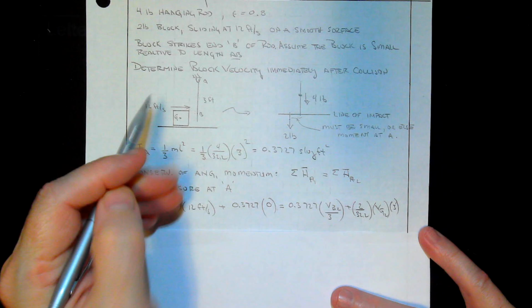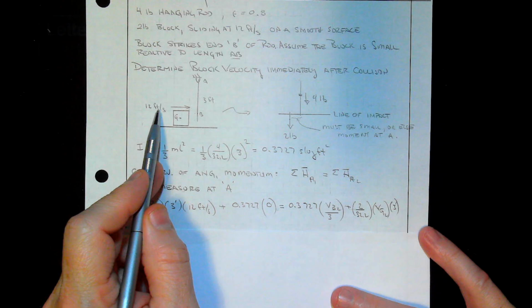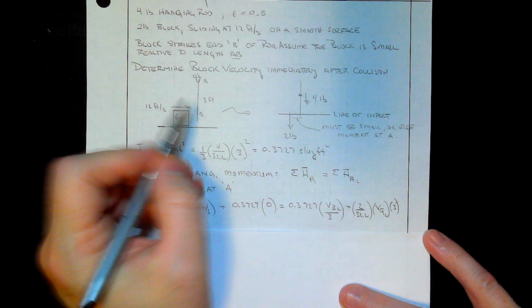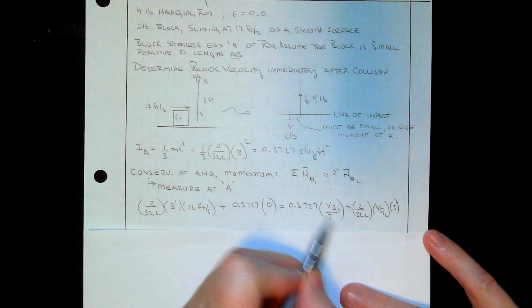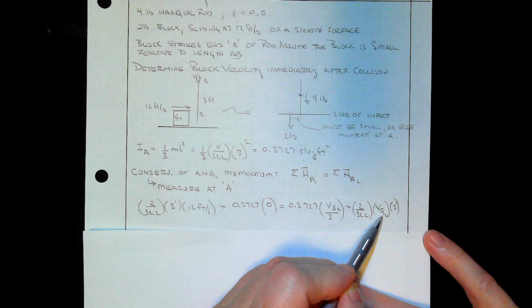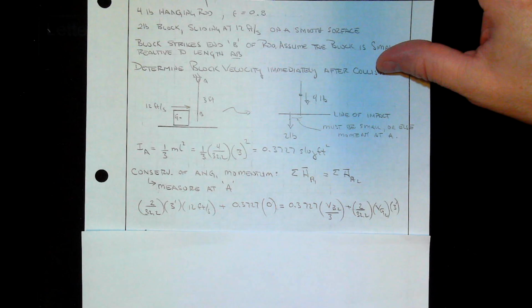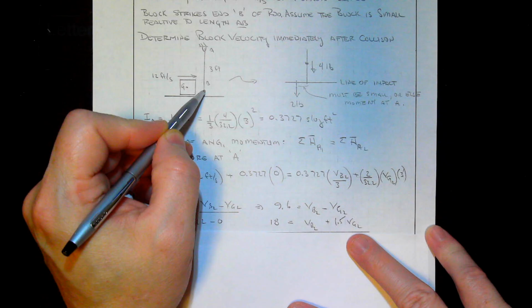All right, so we've got our strategy: angular momentum and handling the collision. Now notice it said assume the block is small relative to the length of AB. Why? This rod rotates about A, so we'll use angular momentum: HA1 before the impact, plus the integral of the sum of the external moments about A dt, equals HA2 after the impact.